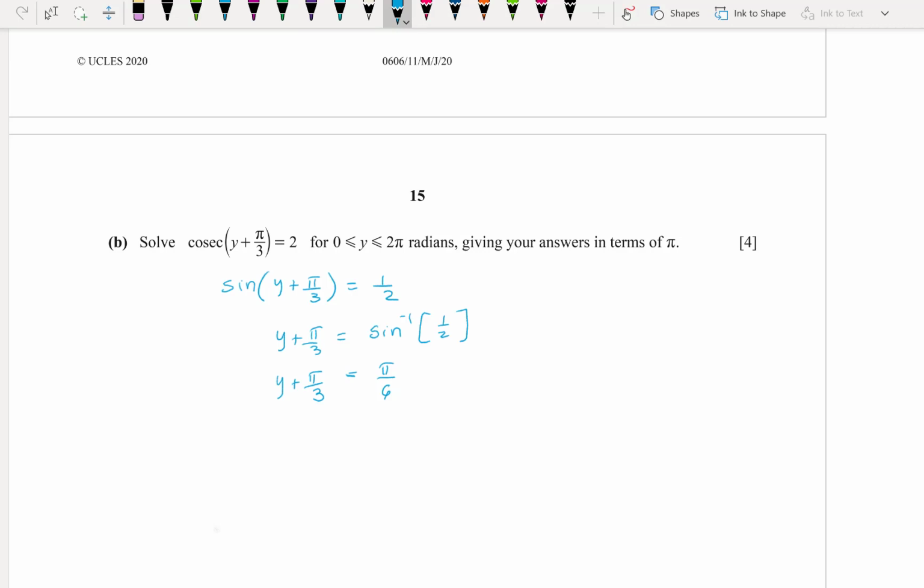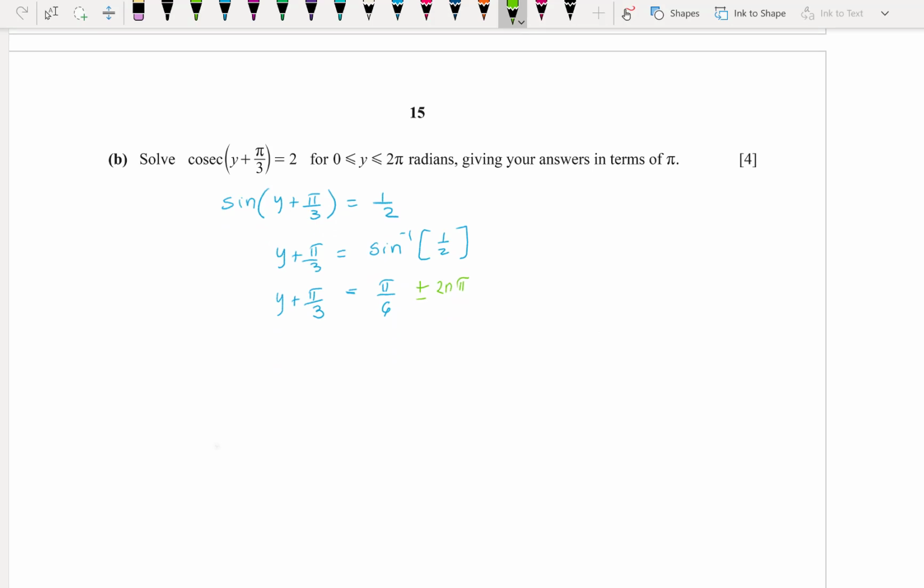So it's not only this, it can be pi by 6. Yeah. In the second quadrant, this is positive. So plus or minus 2n pi. Right? Okay, let us see which are the values that we can actually get.